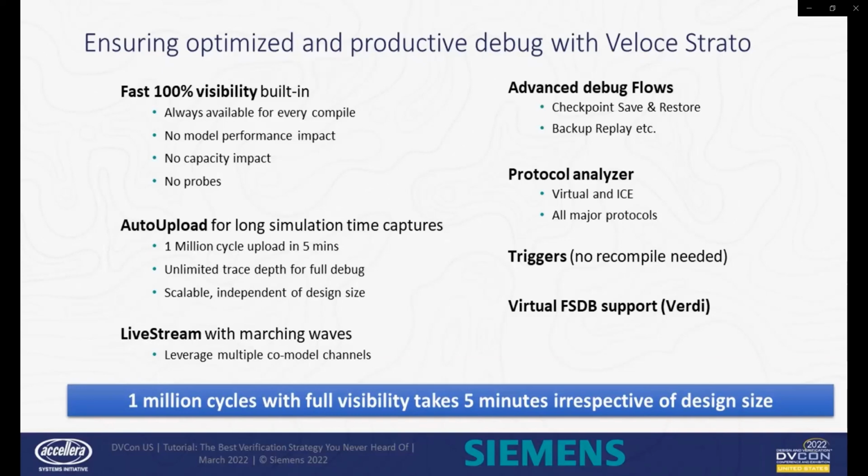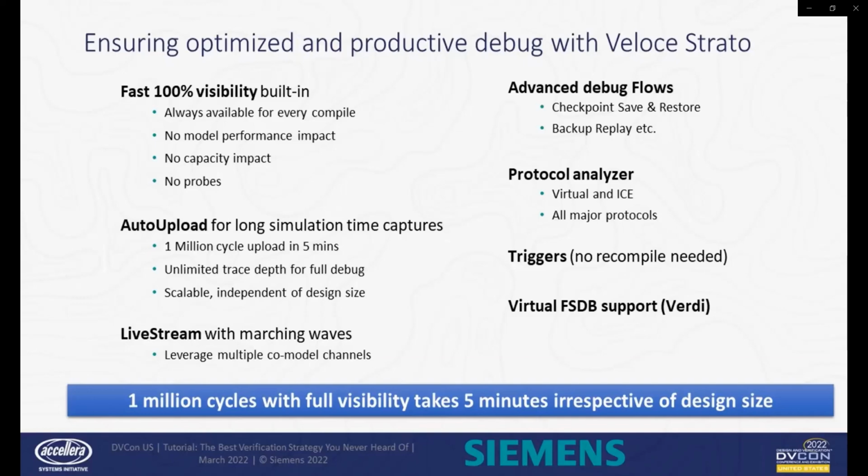Advanced debug flows are also available, like checkpoint, save and restore, and backup replay, and they can greatly improve your efficiency. For any complex protocol or system, especially when you're running at SoC level, you need a good protocol analyzer to debug.